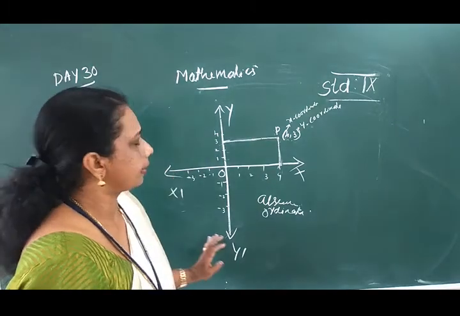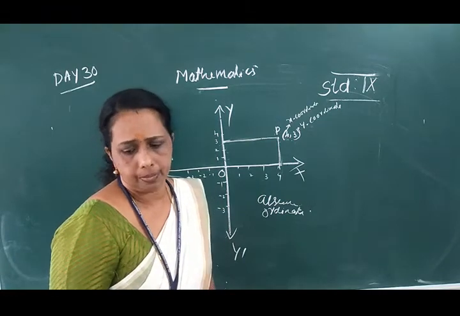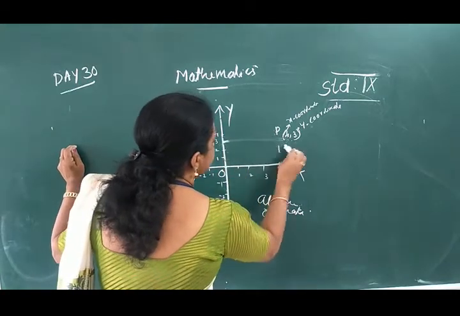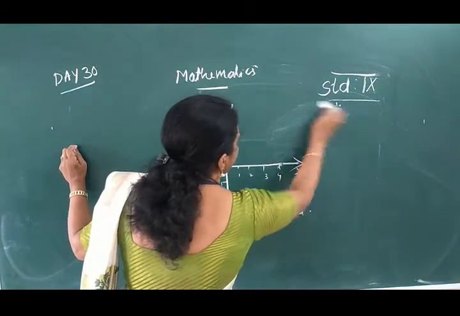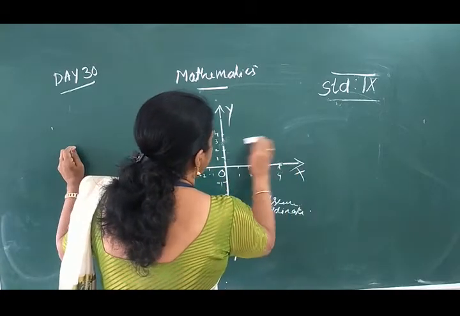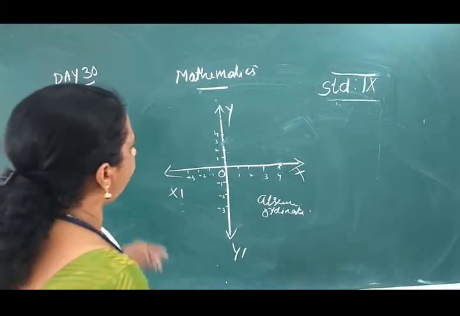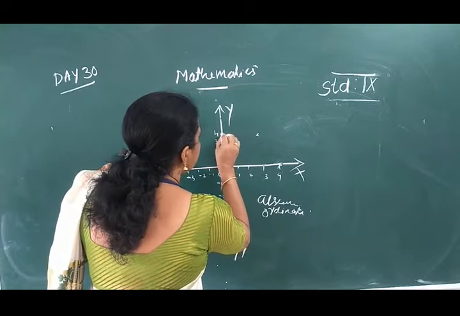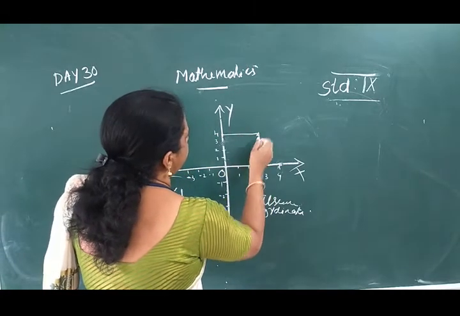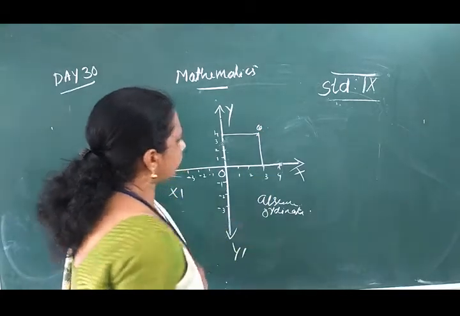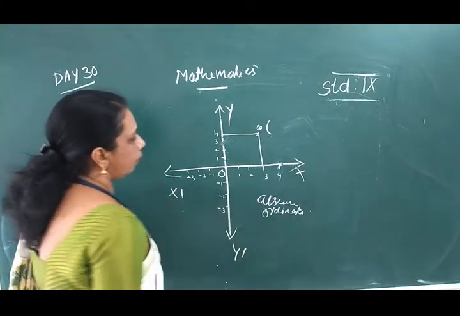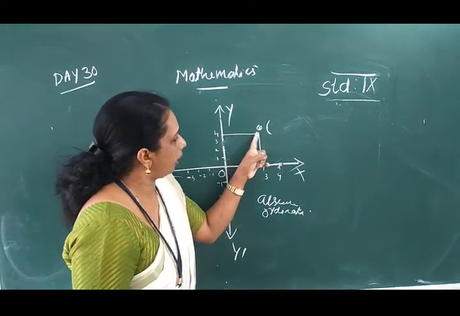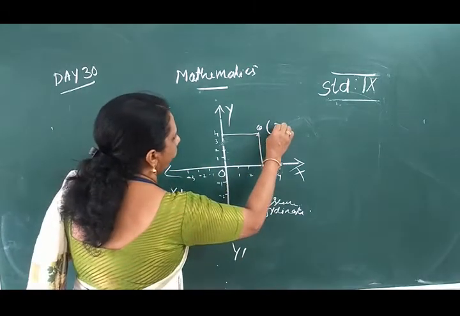Every point in a Cartesian plane has a unique place. Here I am taking another point, point Q. Its x coordinate, the perpendicular distance from the y-axis measured along the x-axis, is 3.